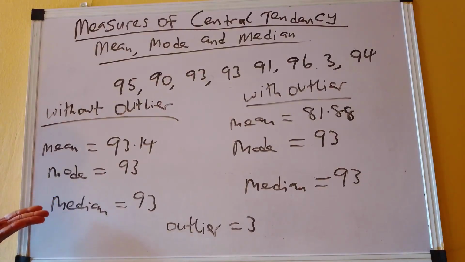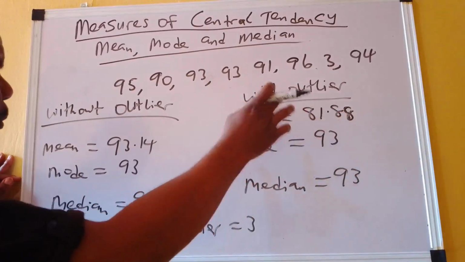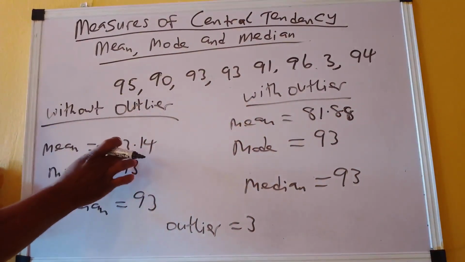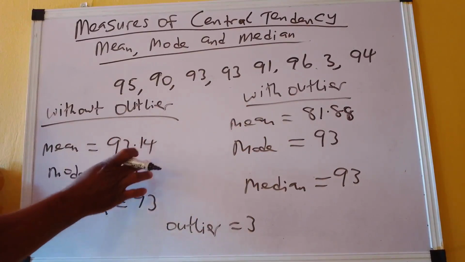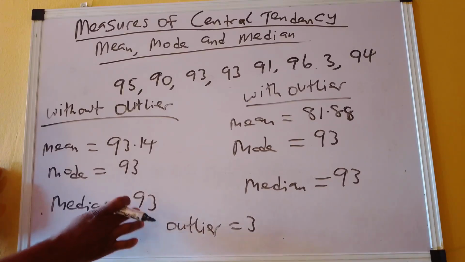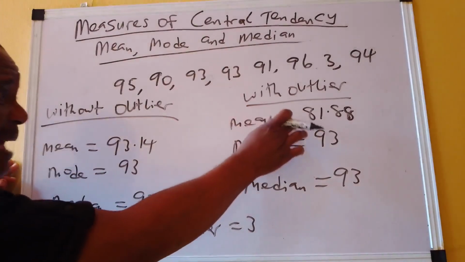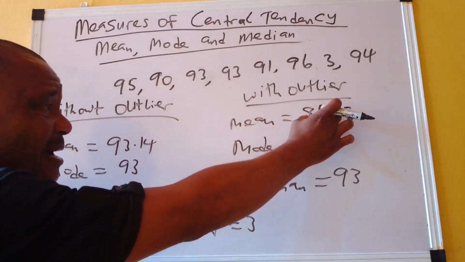What does this tell? It tells you that the mean has greatly been affected by the outlier. Without the outlier, the mean is 93.14, which is approximately the same as the mode and the median. But with the outlier, the mean has been affected.